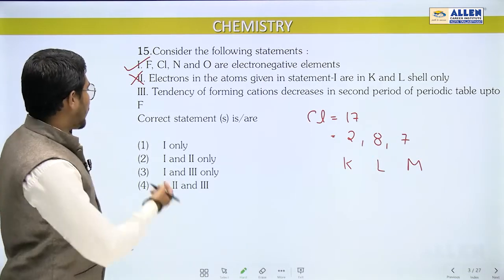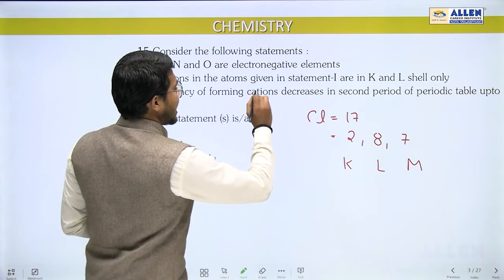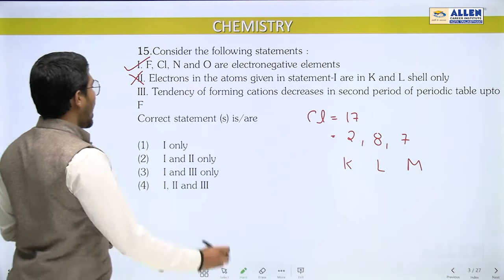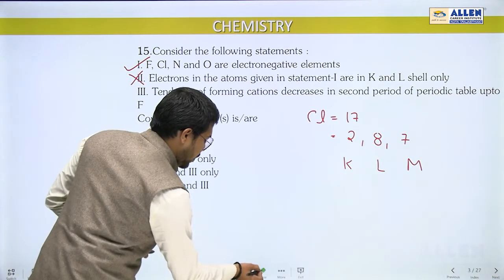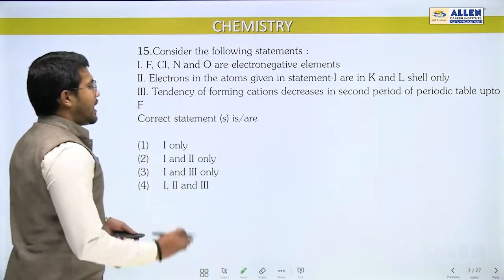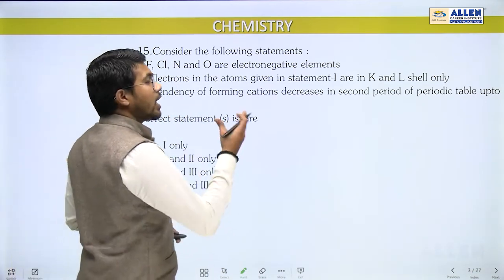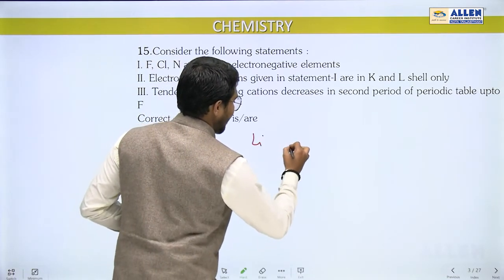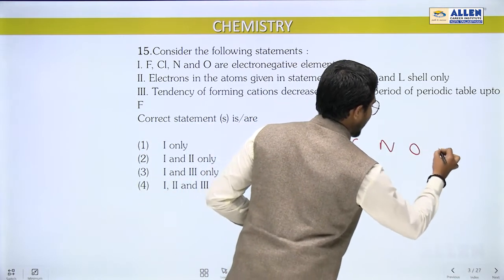Now moving on to our third one, that is, the tendency of forming cations decreases in the second period of the periodic table up to fluorine. How can we say that? The second period contains lithium, beryllium, boron, carbon, nitrogen, oxygen, fluorine.